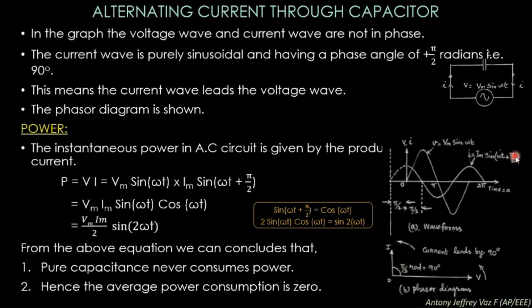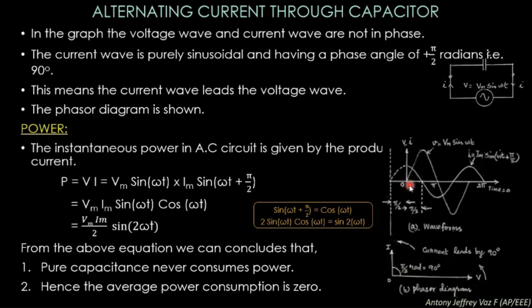But in capacitive load, while we observe the graph in the CRO or digital oscilloscope, you can see that the current wave is leading by an angle of 90 degree. So you are getting Im sin omega t plus 90 degree.